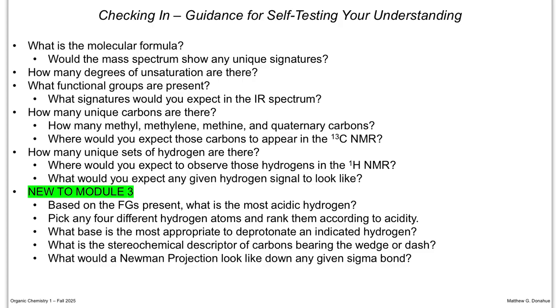At this point, we are rowing further and further away from shore into deeper waters. So you definitely want to make sure that you can look at a molecule and dissect it and figure out the molecular formula, what functional groups are there, and make that association between the functional groups, IR, mass spec, and NMR, because now we're going to add some more layers to that.